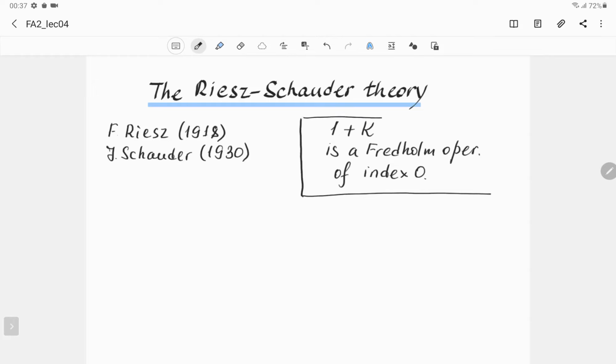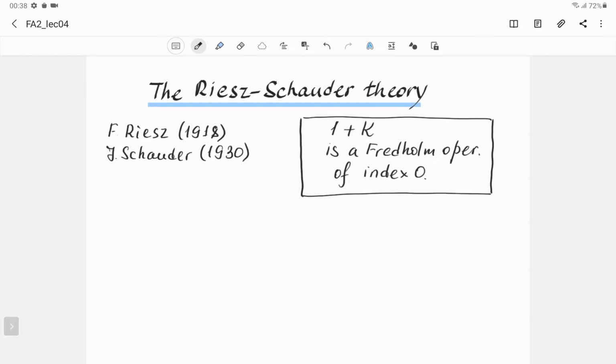By the way, when we combine this principle with some standard tricks from the duality theory, this result easily implies, for example, the classical Fredholm theorems on integral equations.